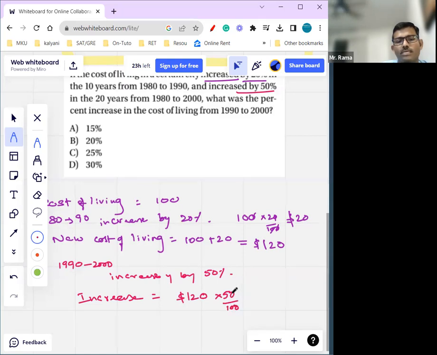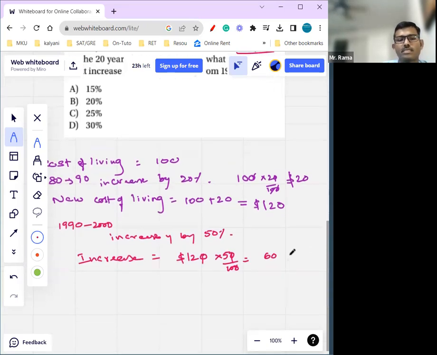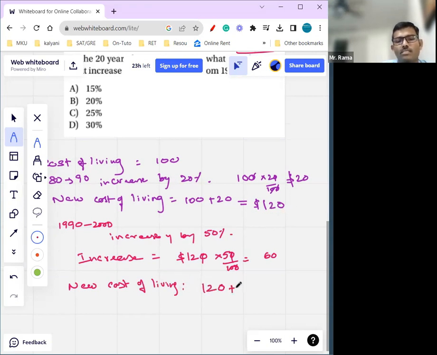So 12 times 5, that's 60, okay? Now $60 is the increase. So the new cost of living is, before it was 120, plus it went up by $60. So it's 180 right now, okay?